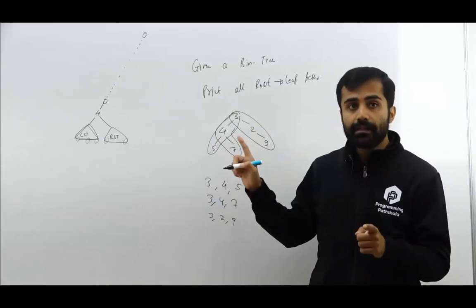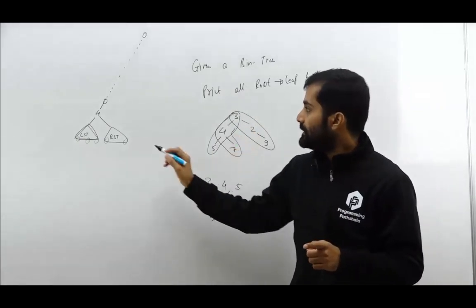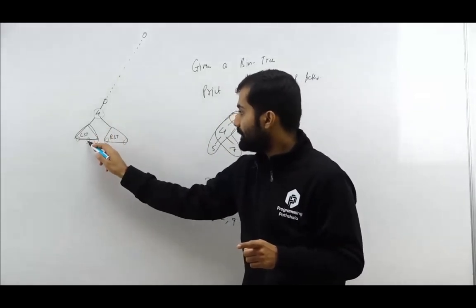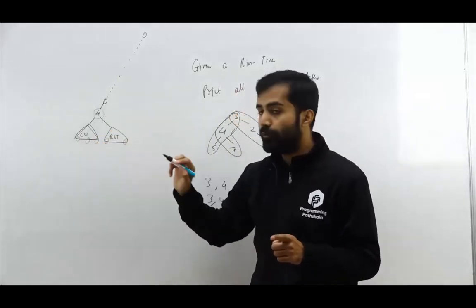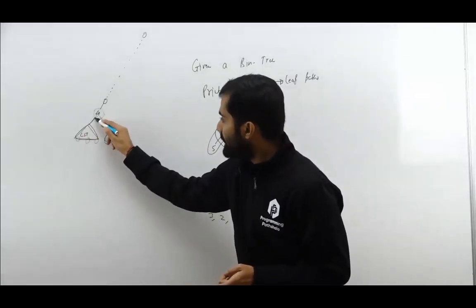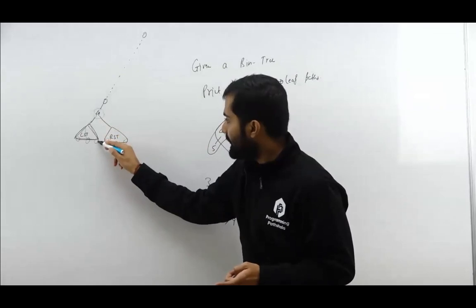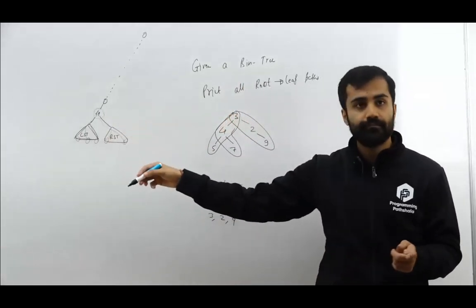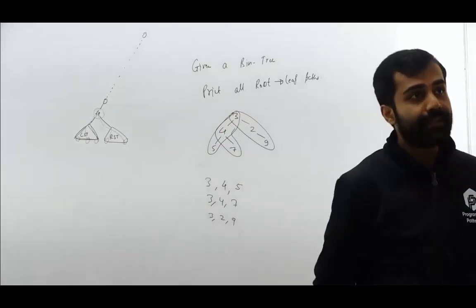Can I say all such paths that cross this 4 and land here, here, here, here, or here will have 4 in them? Just think, any path that goes like that, that, or that will definitely have 4 in them. Is it making sense to all? Yes or no?